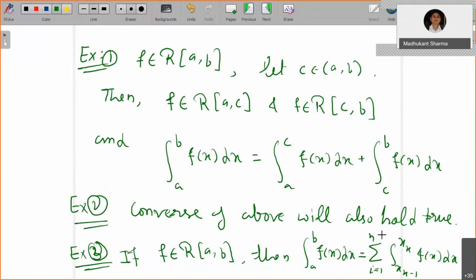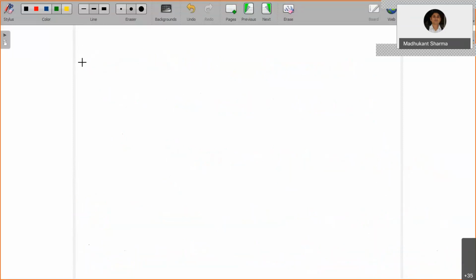Similarly, you can show that if f is Riemann integrable, then its scalar multiple is also Riemann integrable. From the above it is immediate; these are immediate results that you can verify.